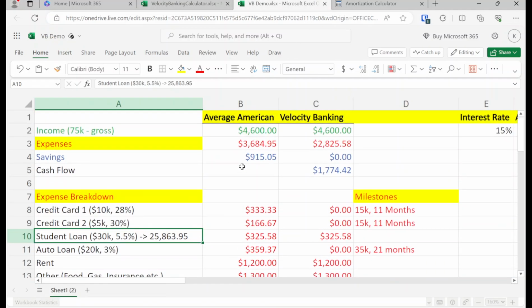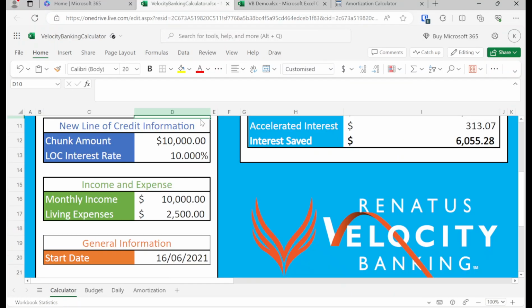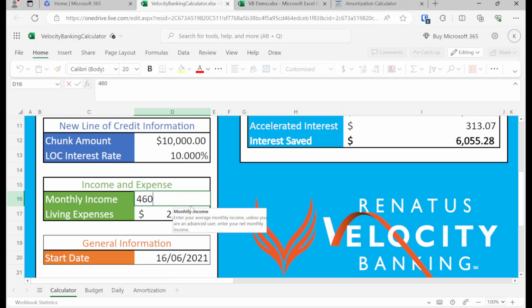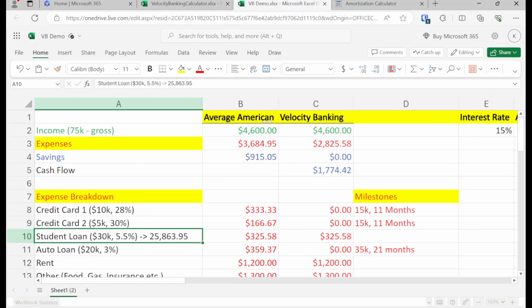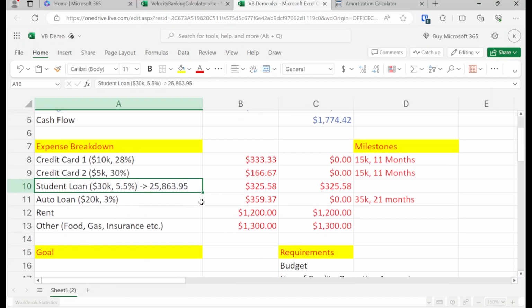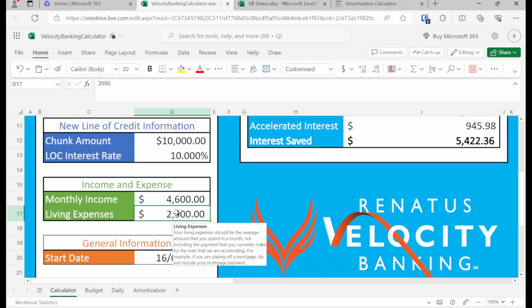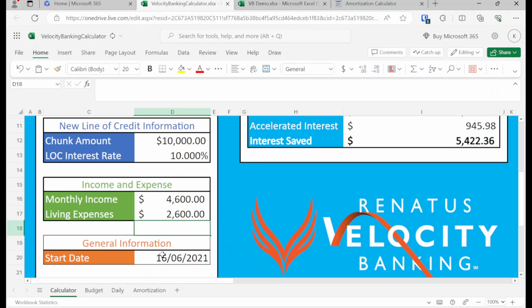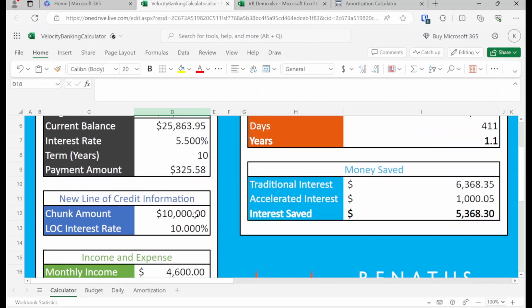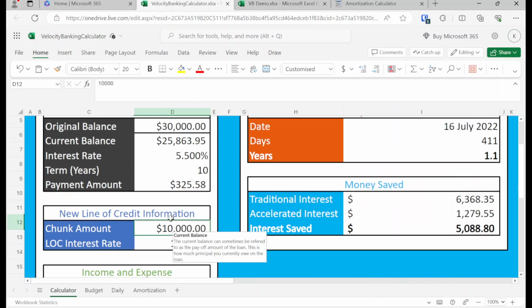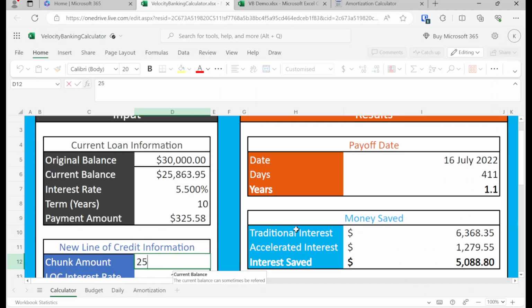All right, so now let's go ahead right here and just put some of this in. So we'll say this is 4,600 income, and the expenses, everything except for the loan. So this would be 2,600 as the living expenses, right? And let's just play around with this number. So let's say I decide to put the entire thing into the line of credit, right? So what if I do that?